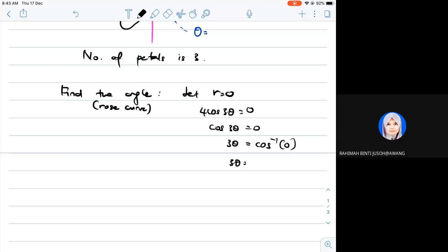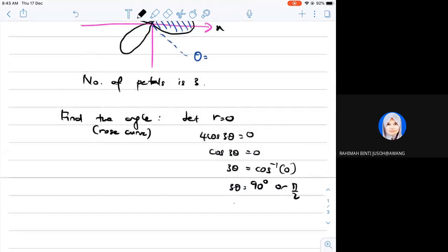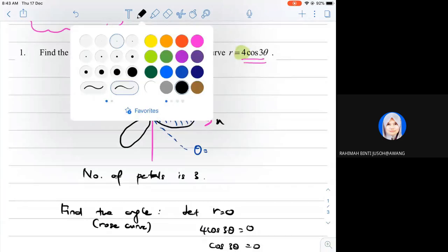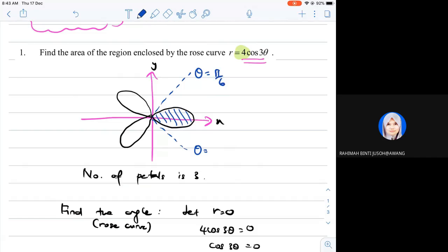As in chapter 1, we need to divide by 3 because we just need theta. So it becomes 30 degrees or pi over 6. Therefore, the angle here should be pi over 6.